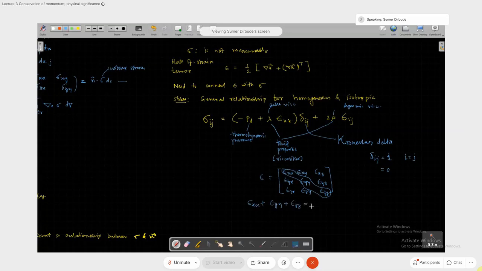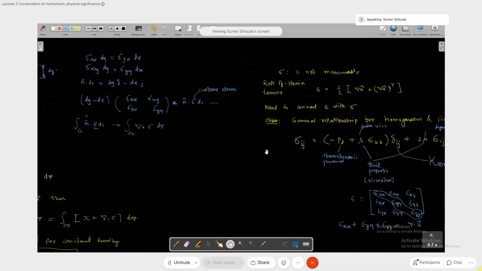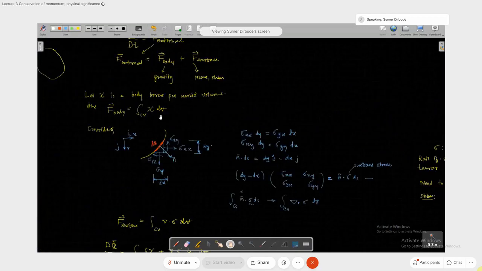Epsilon xx plus epsilon yy plus epsilon zz is also called the trace of this matrix, and the trace is nothing but del dot u. How this derivation comes, you would have to look into in too much detail.